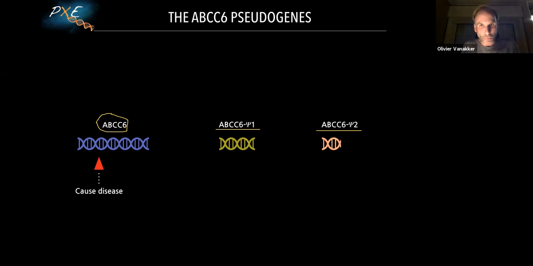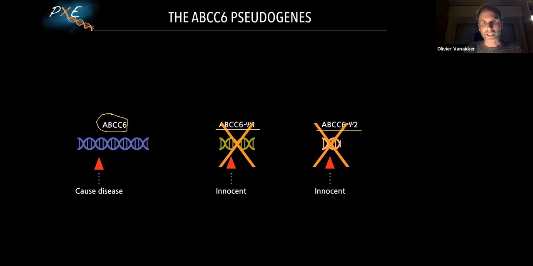But if that same variant would be in one of the pseudogenes, it would be completely innocent. So we really have to know, if we do the analysis, are we looking at that actual ABCC6 gene or one of these pseudogenes? And so we needed to adapt our genetic analysis, because otherwise the genetic information that we would get would be completely false.